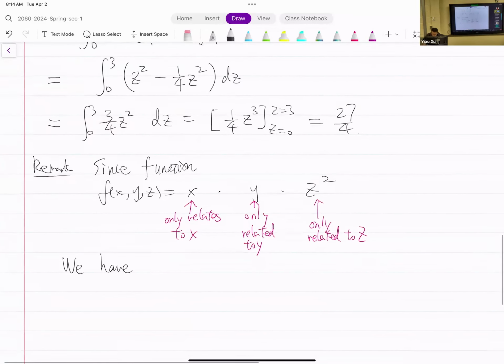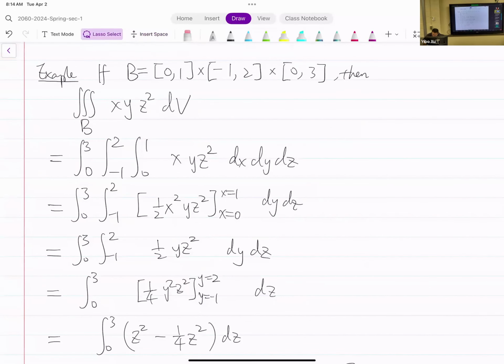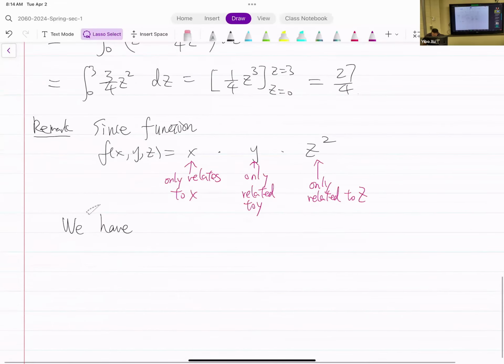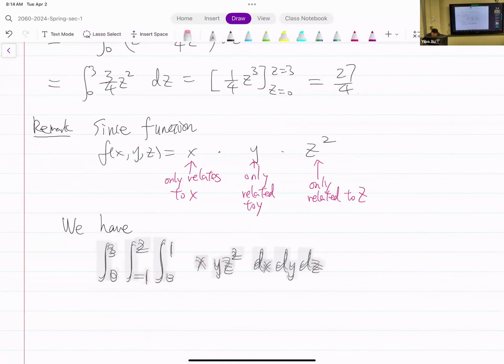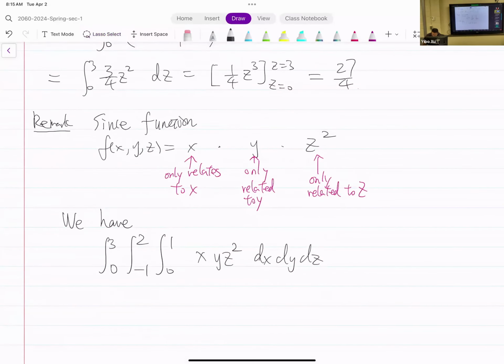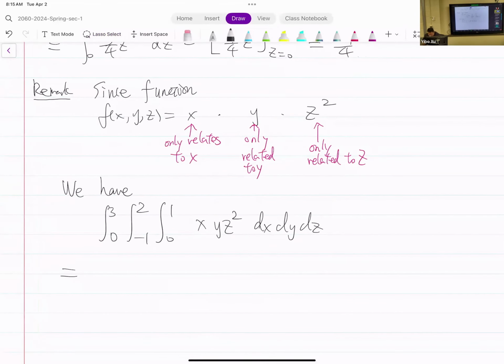So here, why don't we copy the integral from the top. Here we just need to realize that we can split this into pieces. So we write the integral in terms of x, multiplied by the integral in terms of y, multiplied by the integral in terms of z.